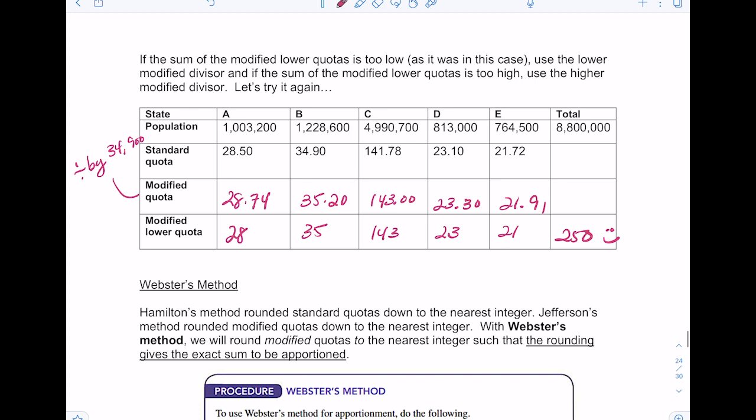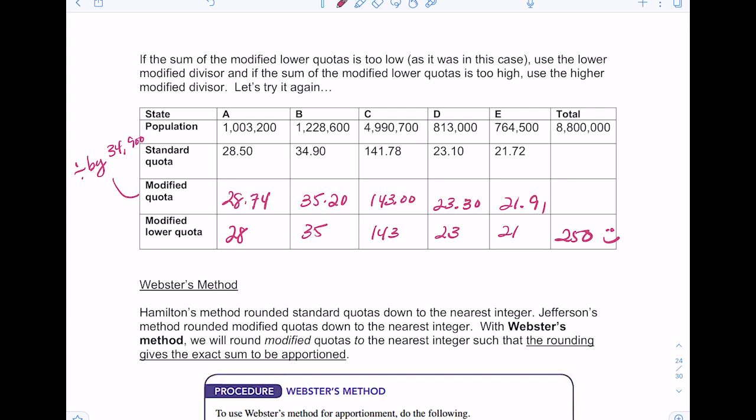So with Jefferson's method, there involves some trial and error. If you look online, there are some calculators that you can use. You would type in like Jefferson apportionment calculator, and there are calculators that you can use kind of like Excel spreadsheets so that it's much easier to play around with the divisors there rather than use a calculator and type in these numbers 5 times until you get the right one.